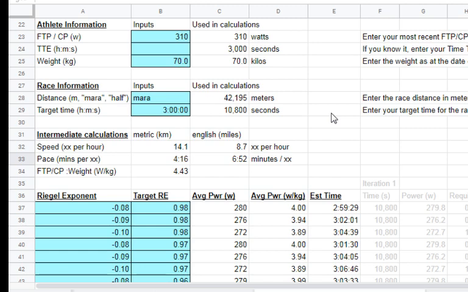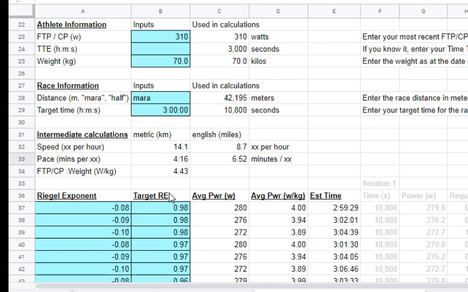I might use minus 0.10 for a 3:30 to 4 hour marathoner as the middle of the bracket range. But anyway, what I did is I used Riegel exponents of minus 0.08, minus 0.09, and minus 0.10. And the minus 0.09 is probably the most likely.